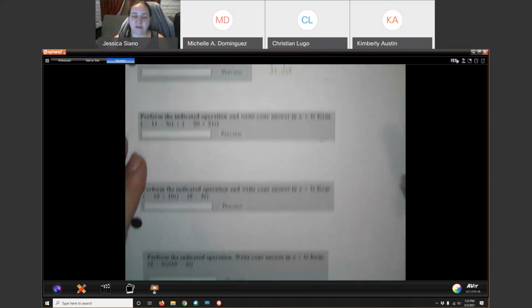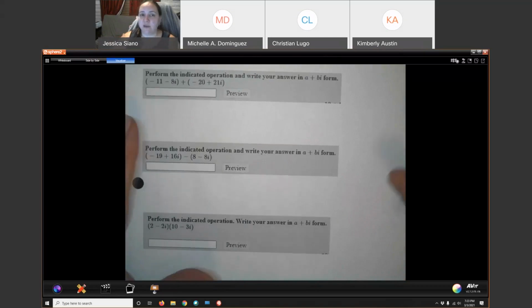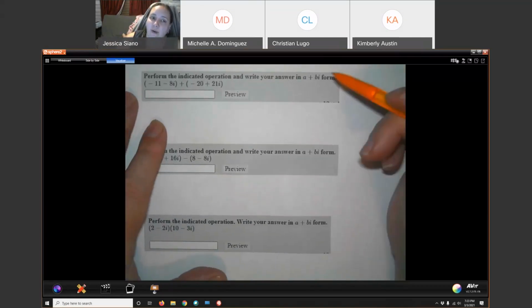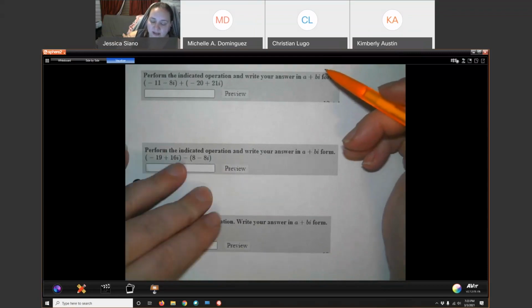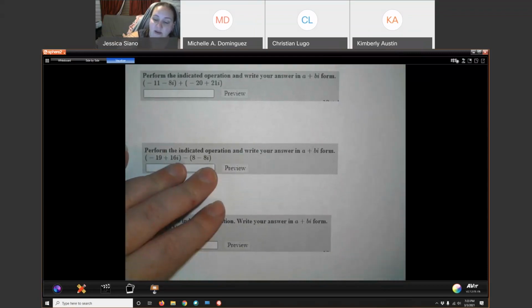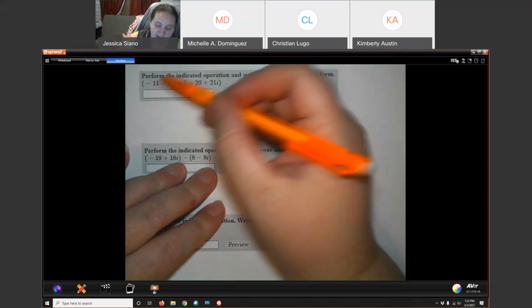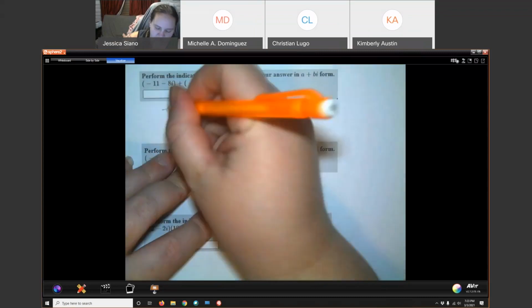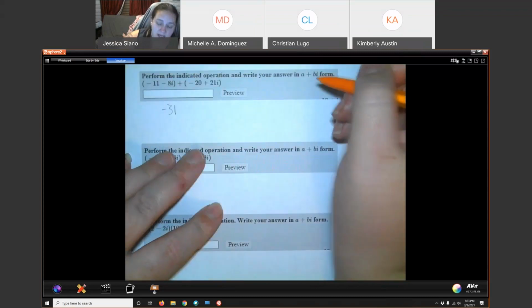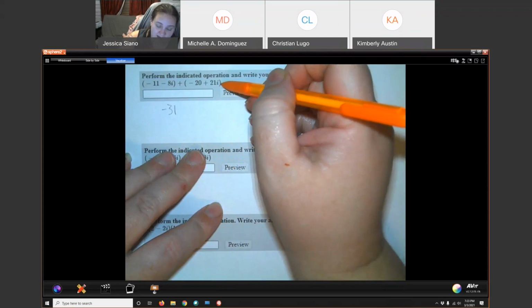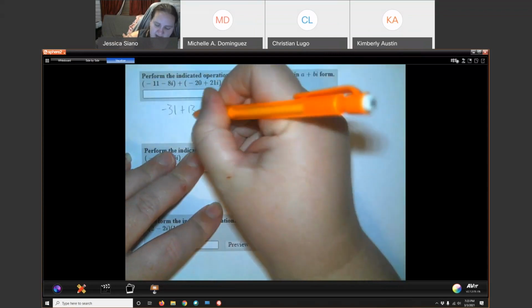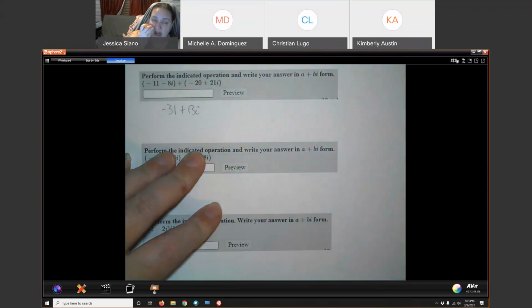So when we are adding and subtracting complex numbers, we just add and subtract real parts and then add or subtract imaginary parts. The process is the same as when you're dealing with variables. So here I would add the negative 11 and negative 20 and get negative 31. And then I would add the negative 8i and the 21i and get 13i.